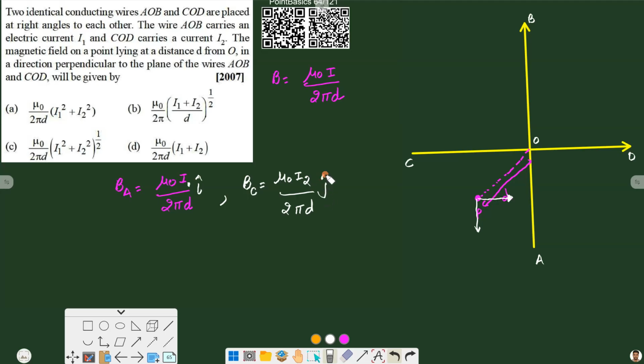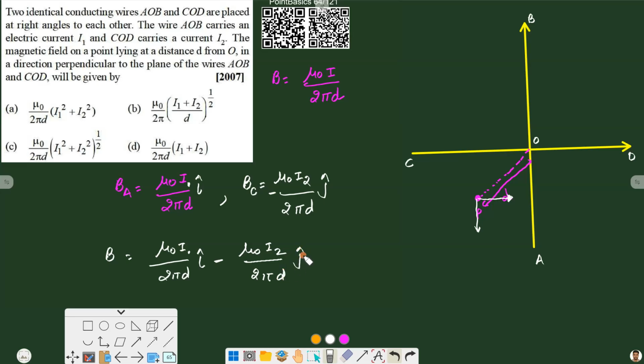So it comes with j and a negative sign. So the total field becomes μ0 I1 by 2πd i minus μ0 I2 by 2πd j.